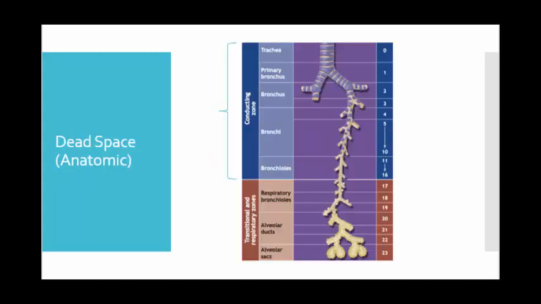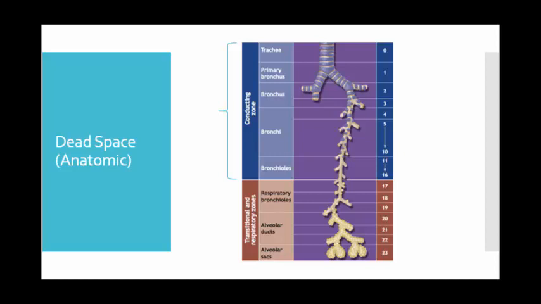We have a pretty good estimate of how much this volume is, and it's about 150 milliliters in an adult person. A normal resting tidal volume is about 500 milliliters.